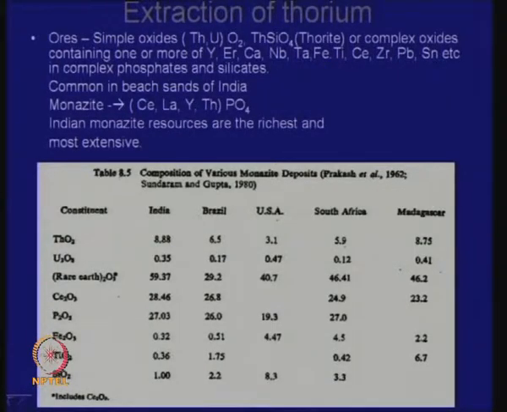In common in beach sands of India, we have a thing called monazite. Monazite is usually written like this: lanthanum, cerium, yttrium, thorium, PO4.